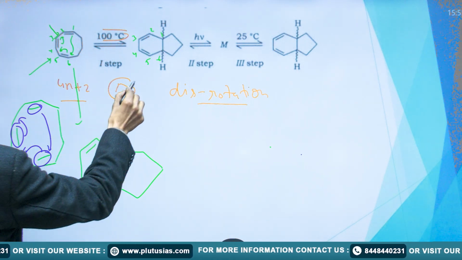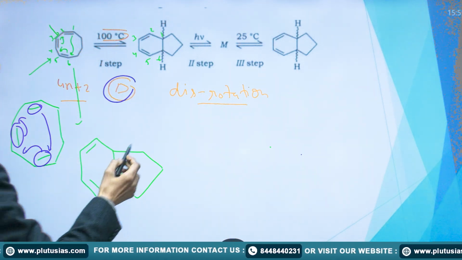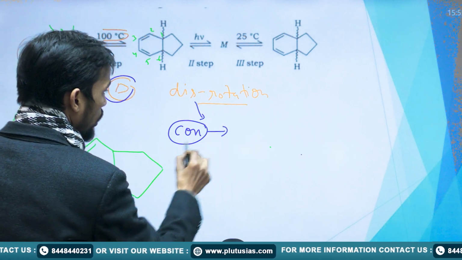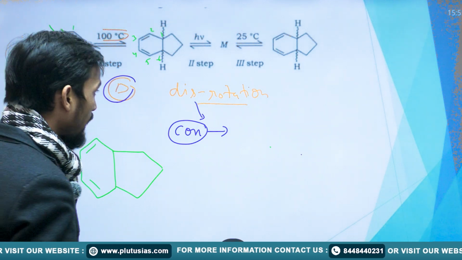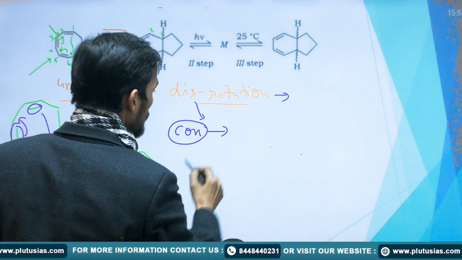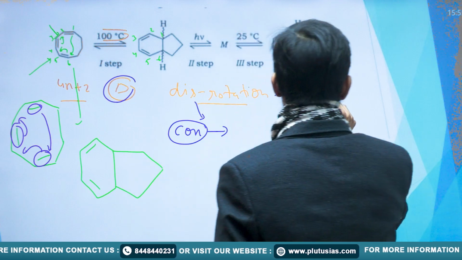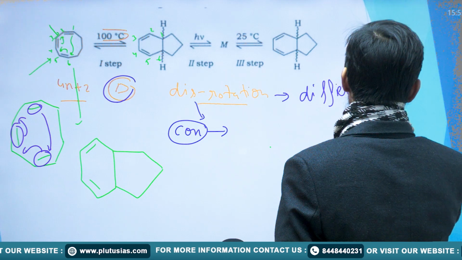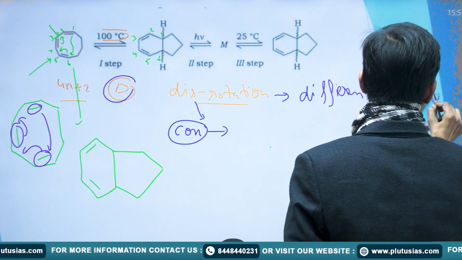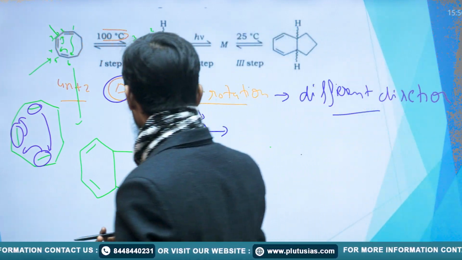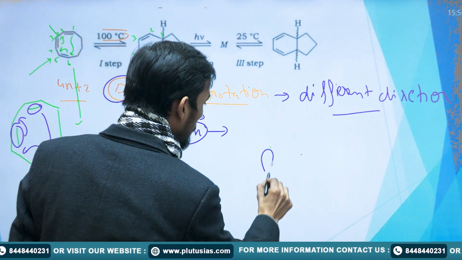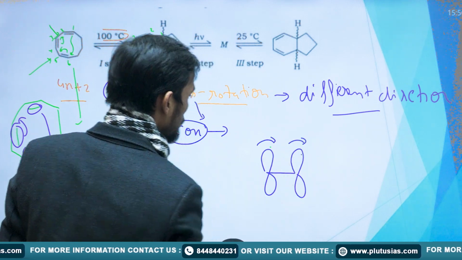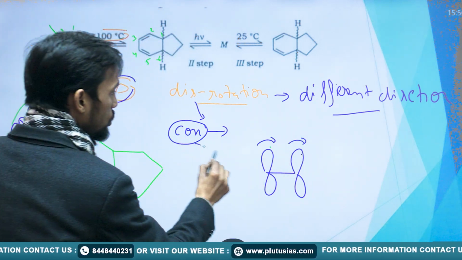Heat is there, which means disrotation. Conrotation is a rotation of p orbitals in the same direction, and disrotation is in a different direction. If these are our p orbitals and they rotate like this in the same direction, that is conrotation.